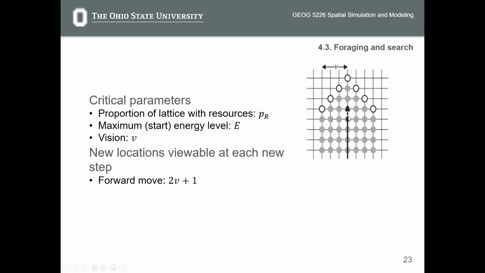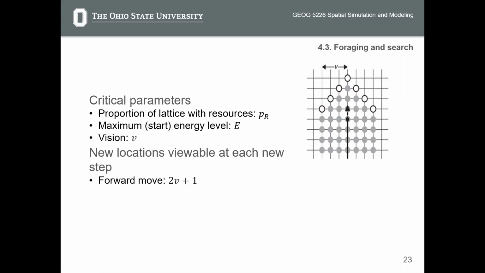And here we have a dashed line, right? It means that this walker is now moving from this current location to the location indicated by this triangle. And all these empty circles are the cells that this walker can see from this location with a triangle.